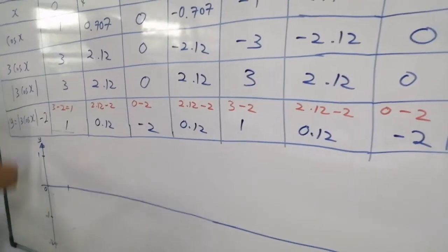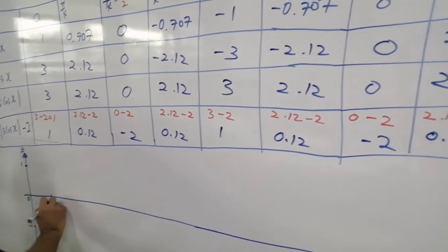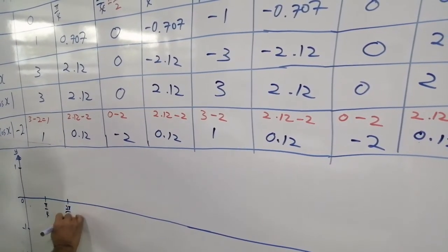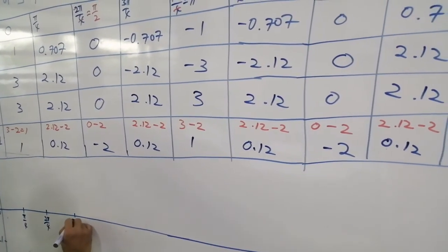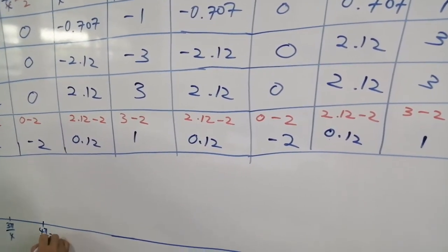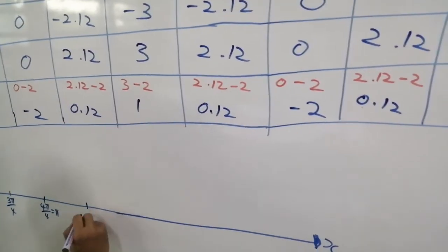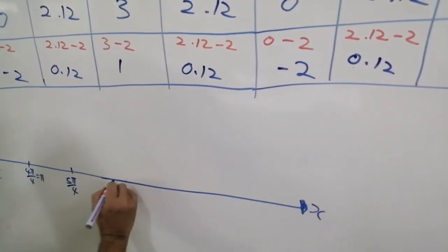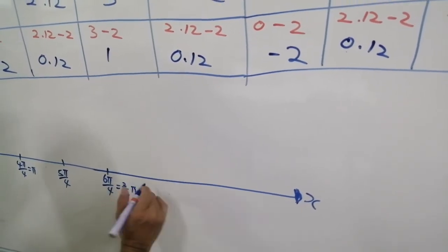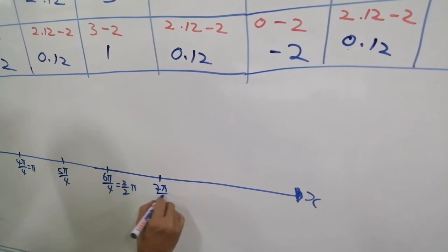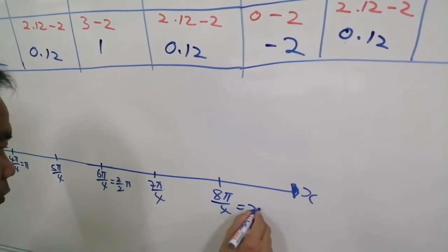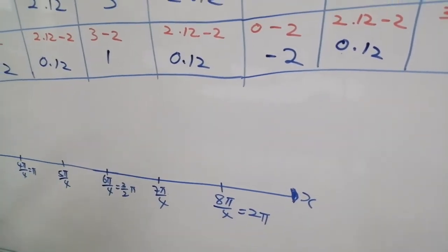Now the x value goes up from 0, then pi over 4, then 2 pi over 4, then 3 pi over 4, 4 pi over 4 which equals pi, then 5 pi over 4, 6 pi over 4 which equals 3 over 2 pi, then 7 pi over 4, and at last 8 pi over 4, which equals 2 pi.